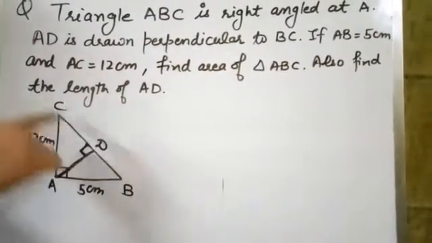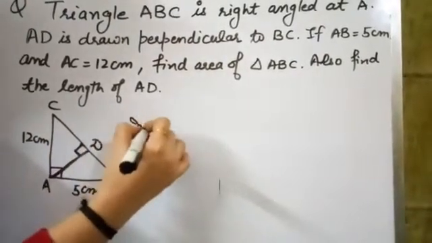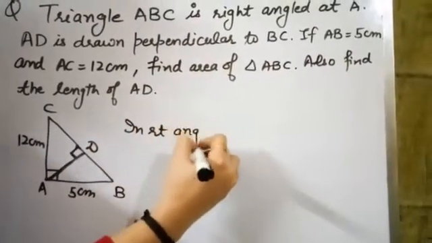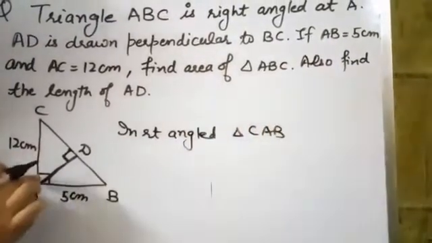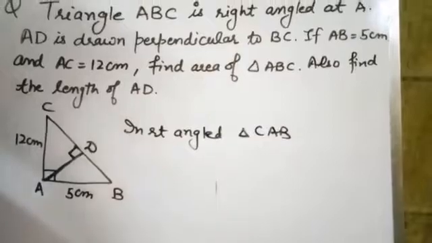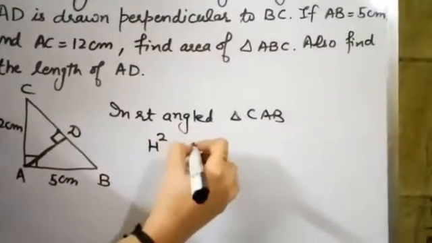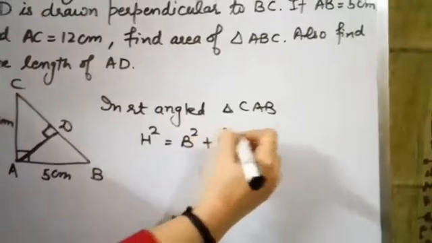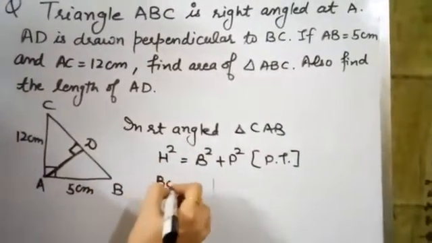This triangle is a right angle triangle at point A. In right angle triangle CAB, this is 90-degree angle. The side opposite to 90-degree angle is hypotenuse. So we can apply Pythagoras theorem in this right angle triangle. Hypotenuse is BC square, which we have to find out.